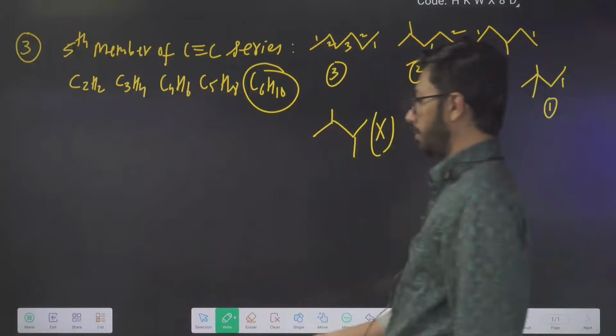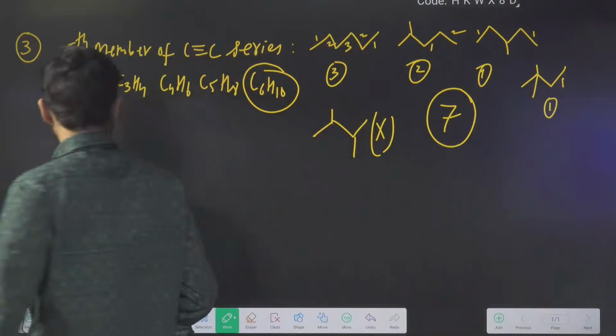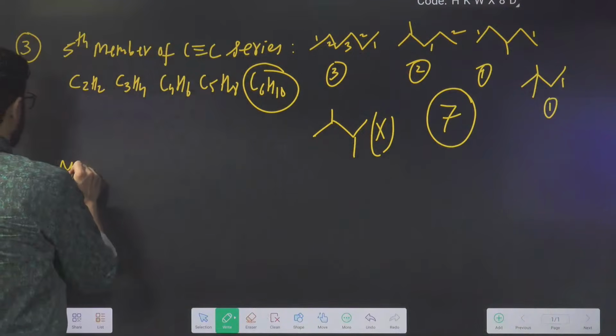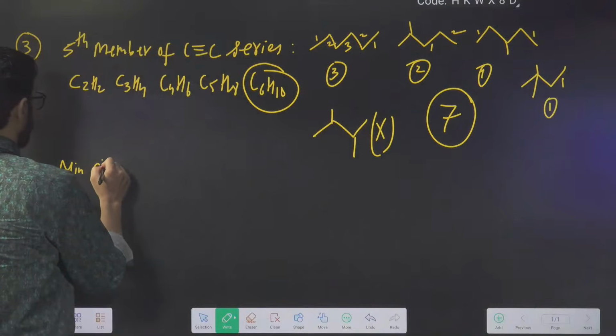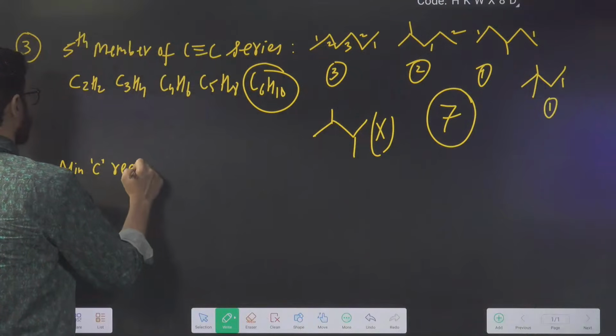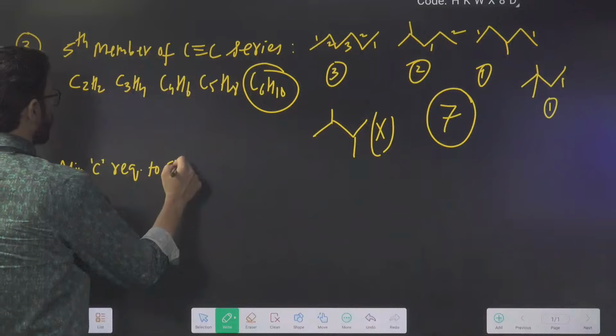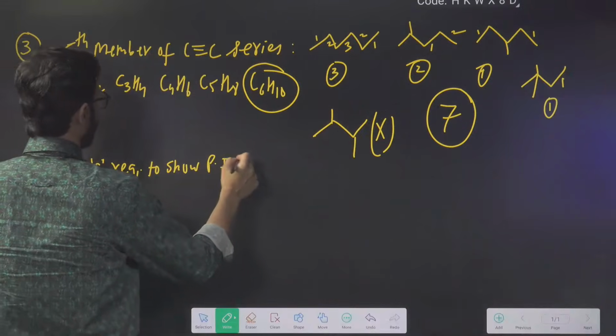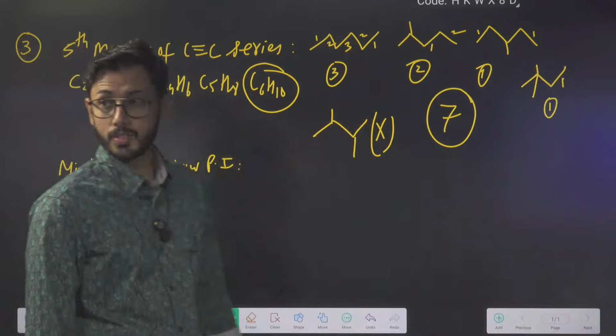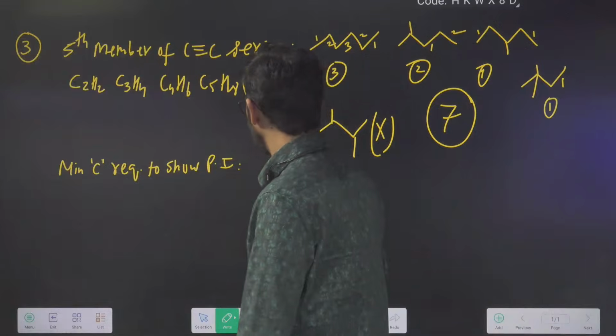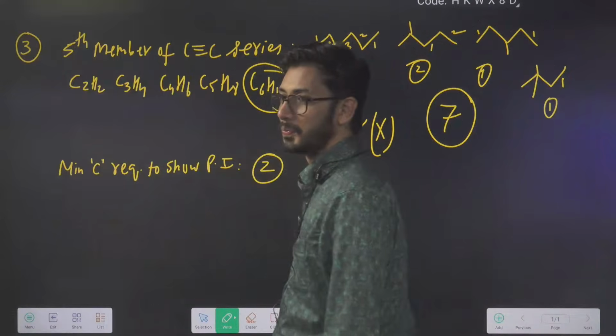Minimum carbons required to show PI. The answer is 2.